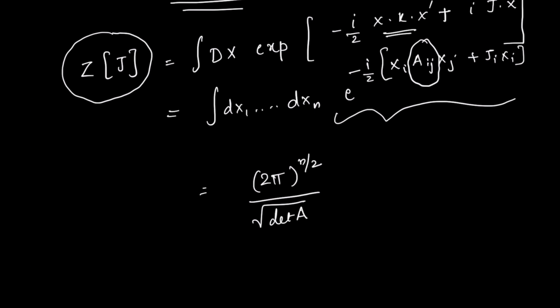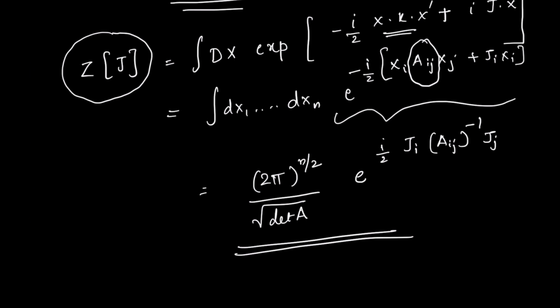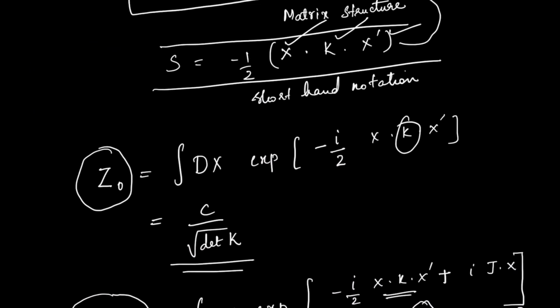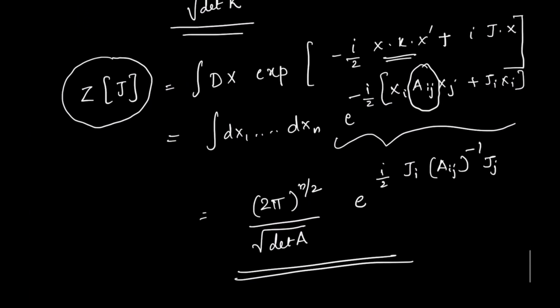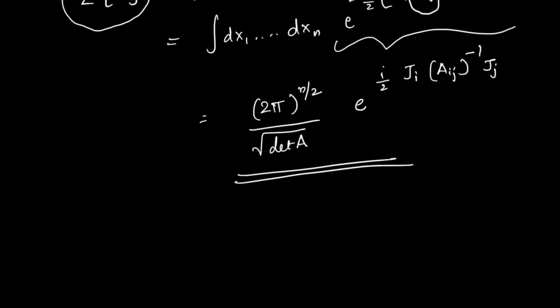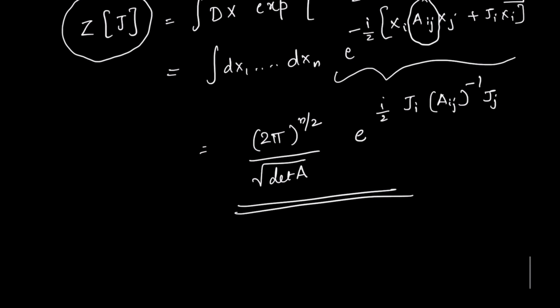So it will be the determinant of this matrix aij, times e raised to i by 2 ji aij inverse jj. This will be the solution in n dimension. So this is for finite dimension, and then you have the infinite dimensional version of z naught, which is given by z of j, and this will be the solution.